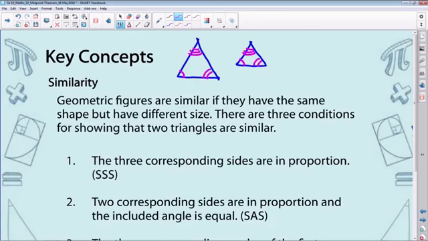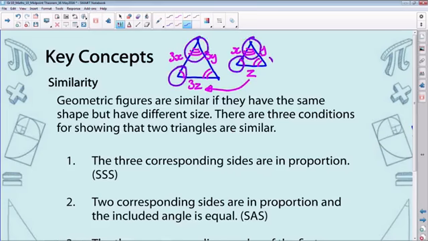But if this was x as a length, then this might be 3x. And if this is y as a length, then this might be 3y. And if this was z as a length, then this would be 3z. So they've been increased by the same factor. In other words, the same proportion every time. So to prove that we have similar triangles, it's best to prove that the three angles are the same. And then you can prove that they are similar.